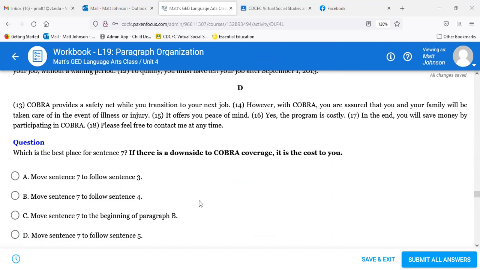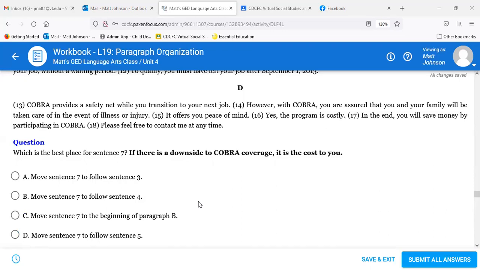Yes. Which is the best place for sentence 7? If there is a downside to COBRA coverage, it is the cost to you. A, move sentence 7 to follow sentence 3. B, move sentence 7 to follow sentence 4.